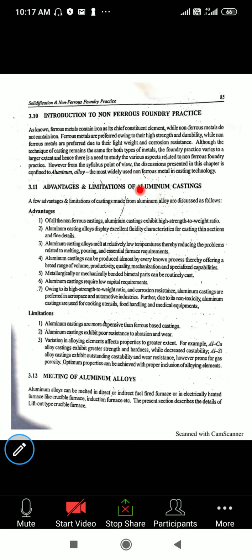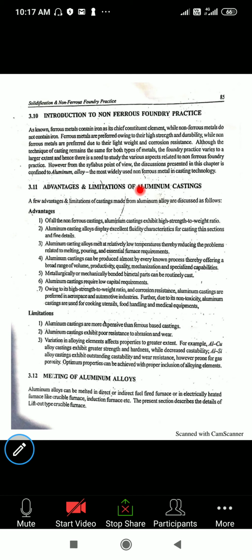The non-ferrous materials can also be processed by the casting process. If you want to prepare any components, the non-ferrous materials can also be used by the foundry method, or the casting method, for making components.